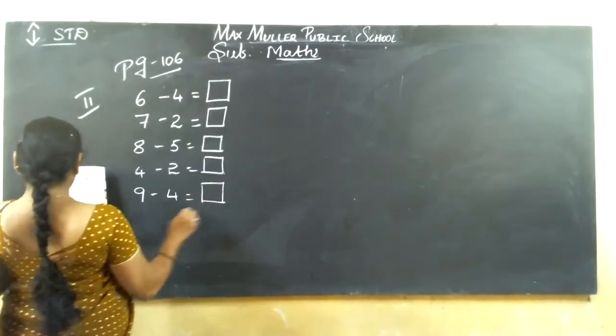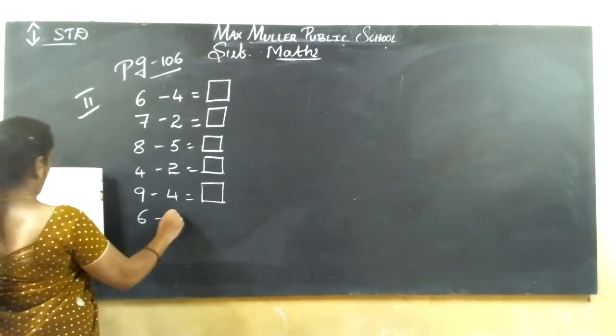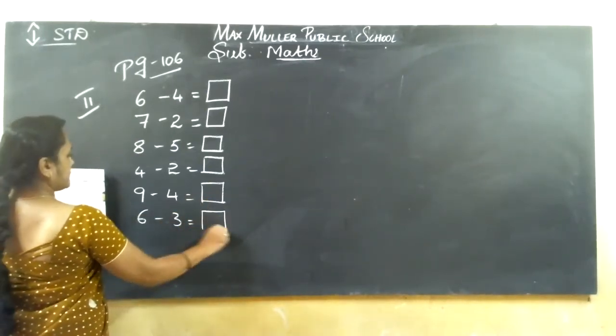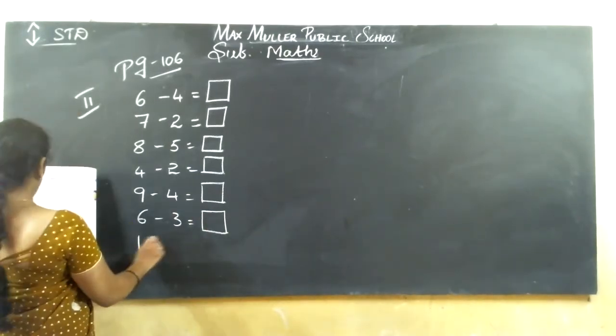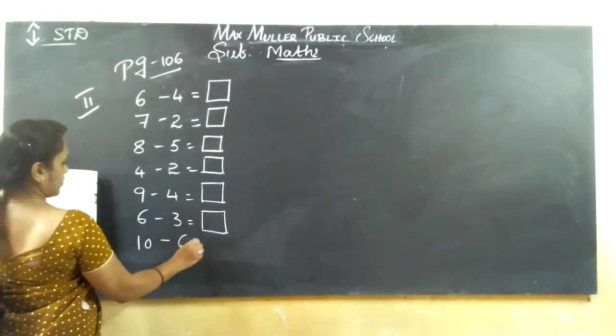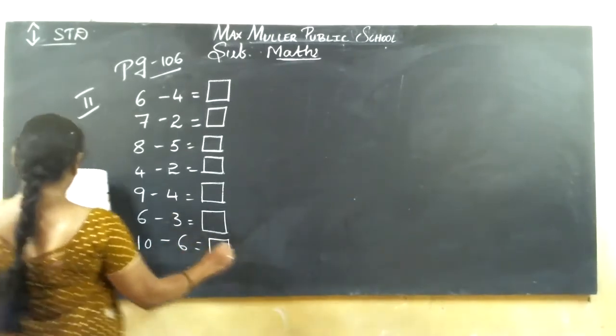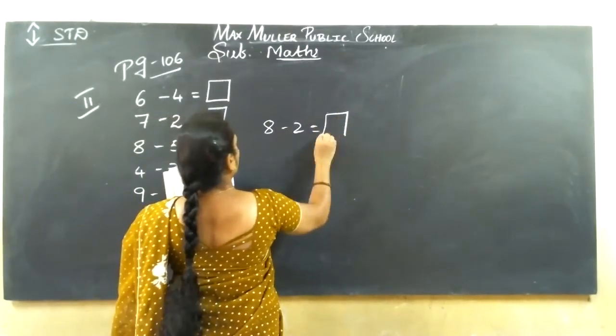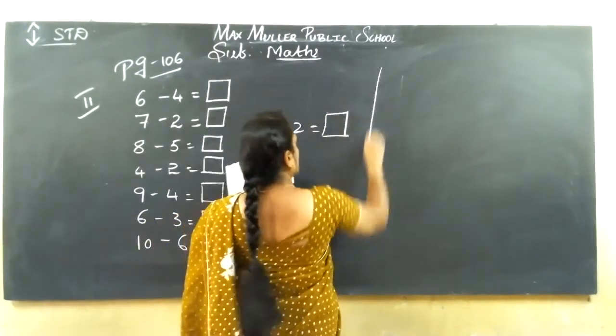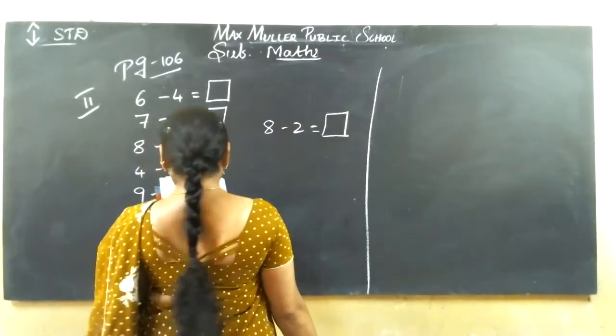Minus 4, 6, minus 3. Minus 6. I'm continuing here. So in your book it is given in the same line, but here on the board no space.